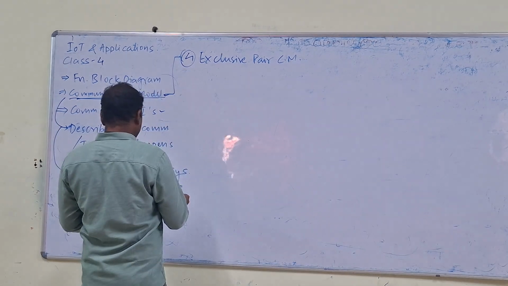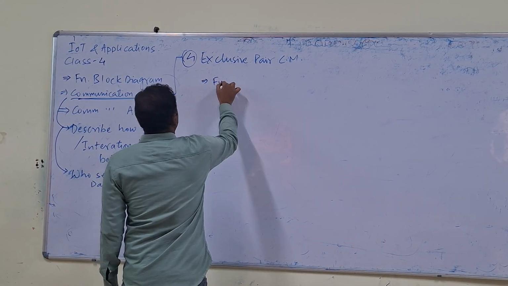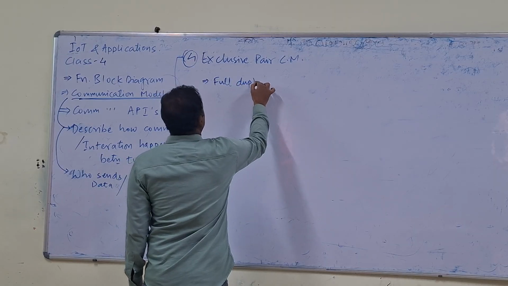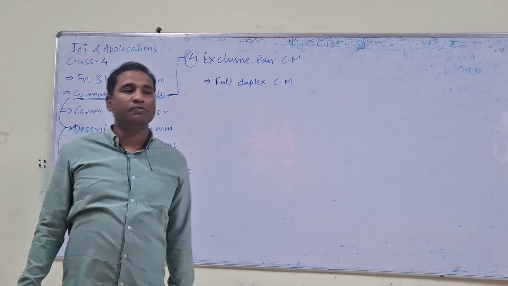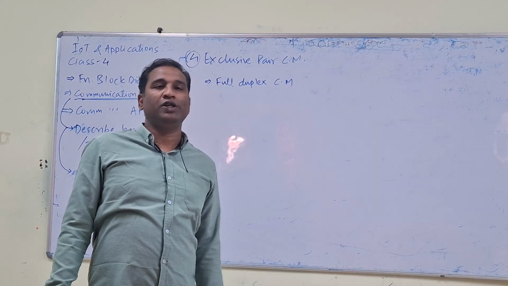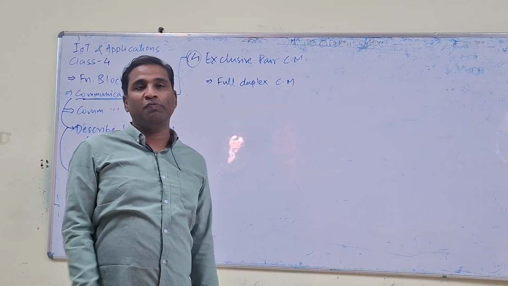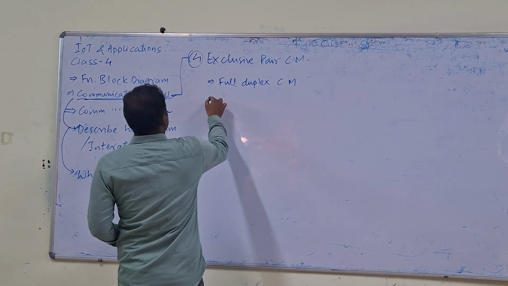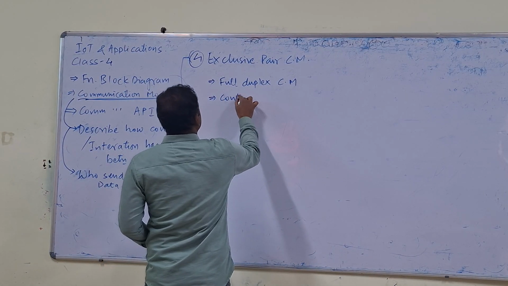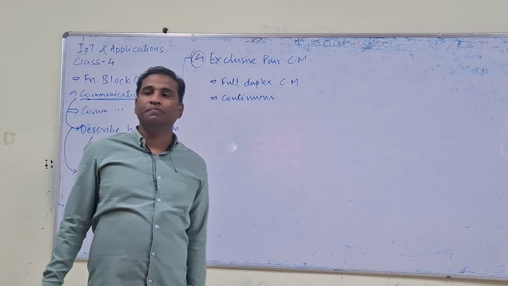Last one, let's please repair. So it is full duplex. Full duplex communication model. You understand full duplex? We have different types of communication modes: simplex, half duplex, full duplex. This full duplex communication model is continuous.